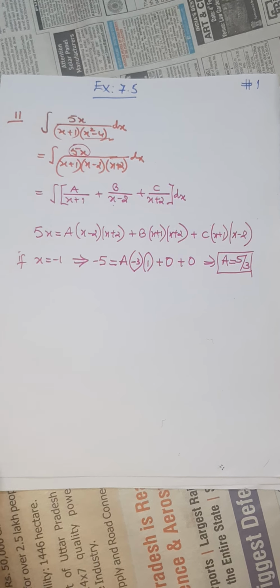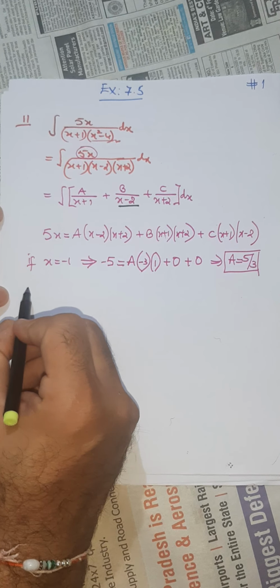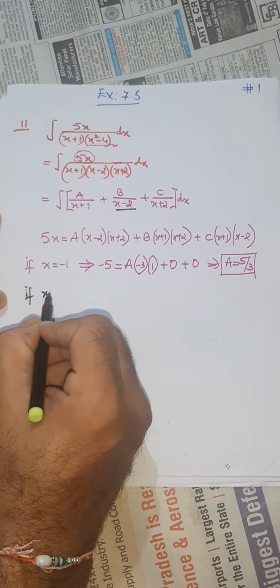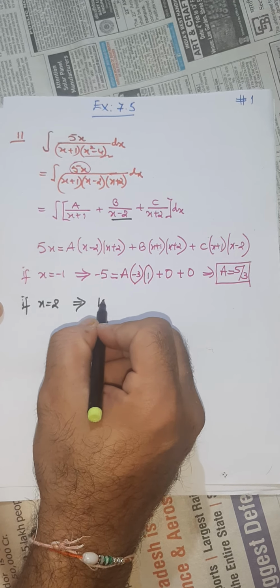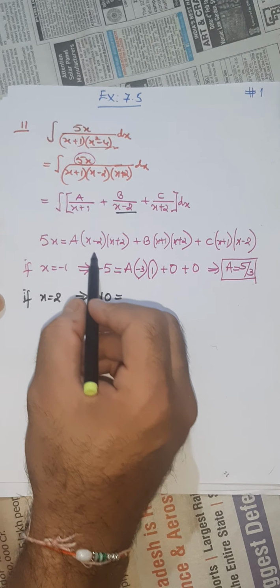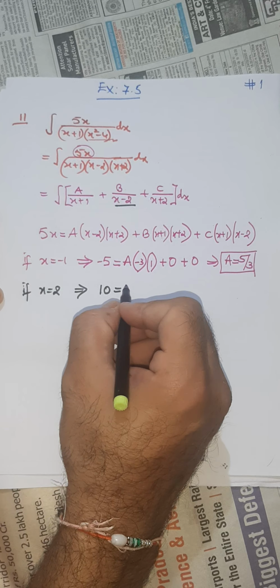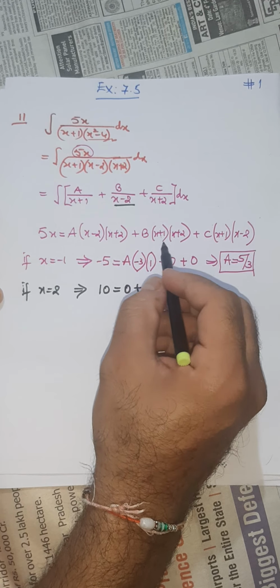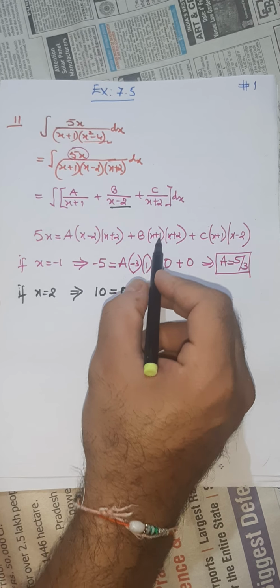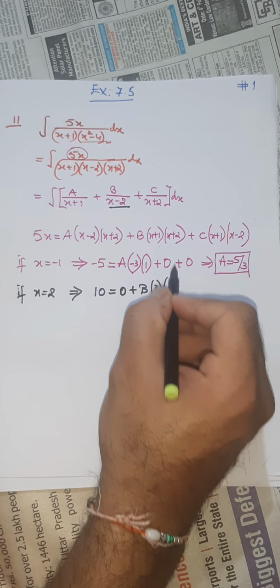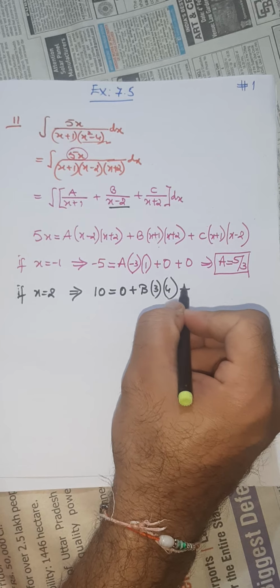Next we take x equals to 2. If x is 2 here, left hand side is 10. What about the right hand side? Here 2 minus 2, this is 0. Here B into, I'm putting 2, so 3, and this is 4.